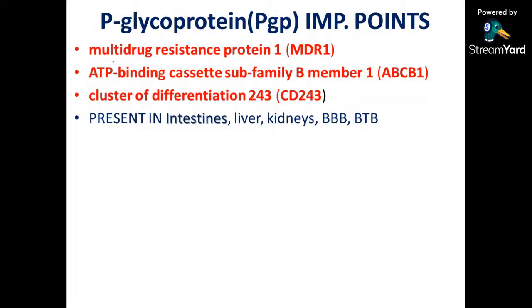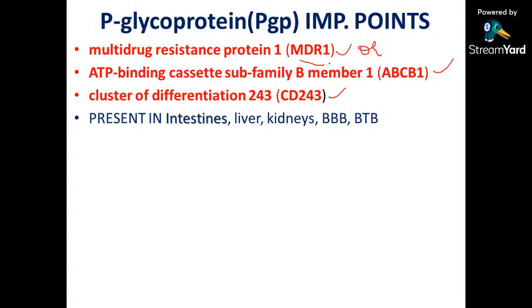PGP is also called as multi-drug resistant protein 1, which is called MDR1 in short, or it is also named as ATP binding cassette subfamily B member 1, which is called ABCB1, and P glycoprotein is also named as cluster of differentiation 243, CD243. So these are different names of PGP.